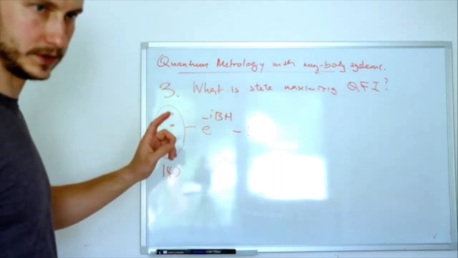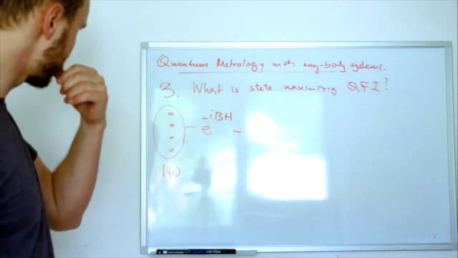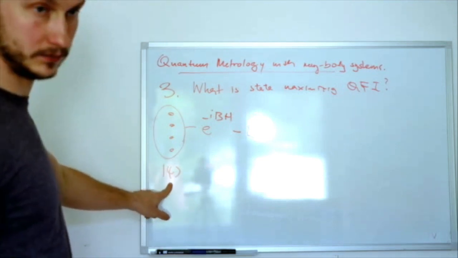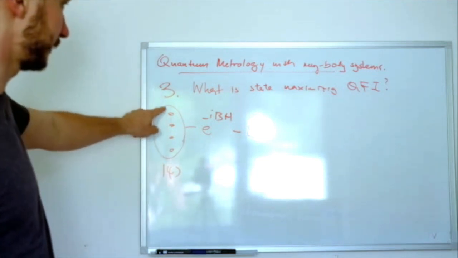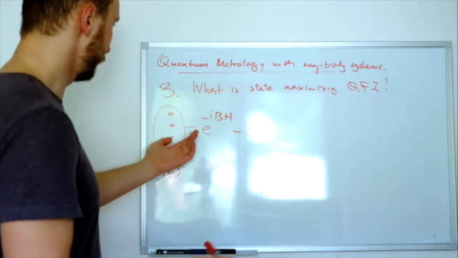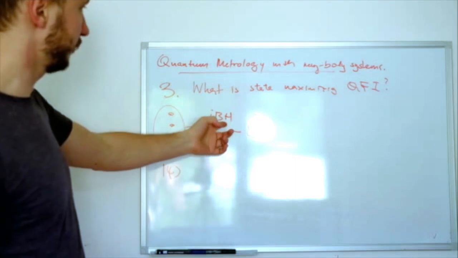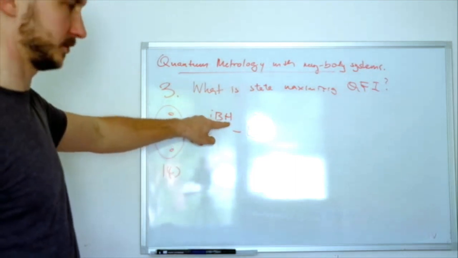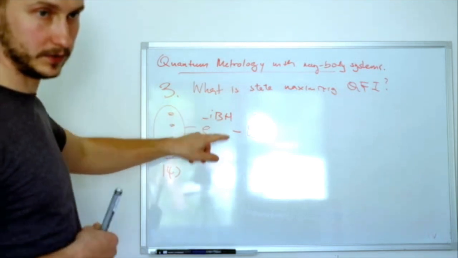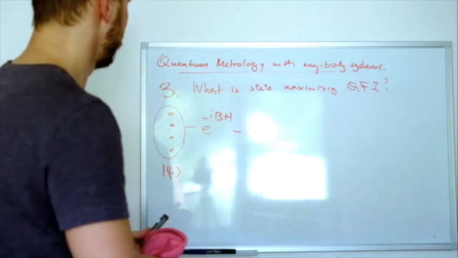So the question now is, what is the best state to pick? If we are allowed to pick any state, not just product states, but any state in this Hilbert space, what is the best state to pick? Clearly we already solved it, because we know how to connect the best state to just the spectral properties of the Hamiltonian. Now the only thing is that we need to consider the global Hamiltonian, not the local Hamiltonian. So let's do it.